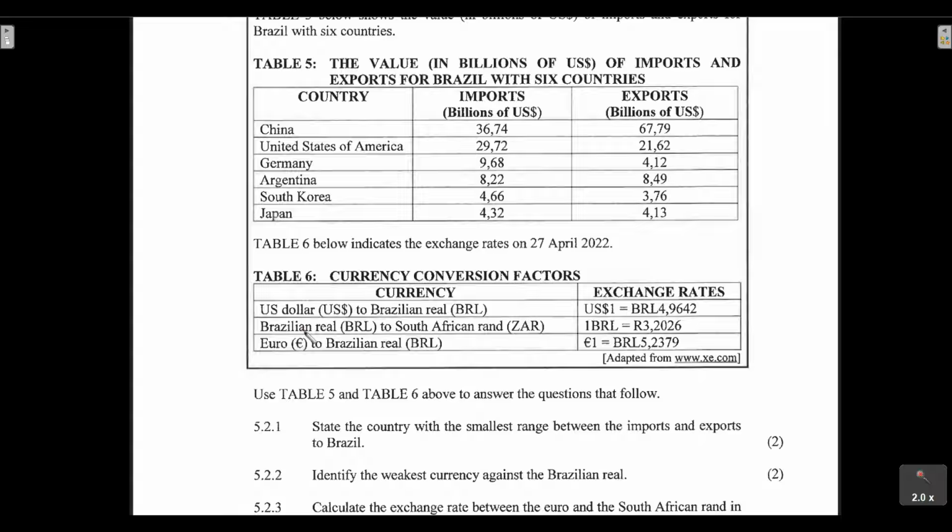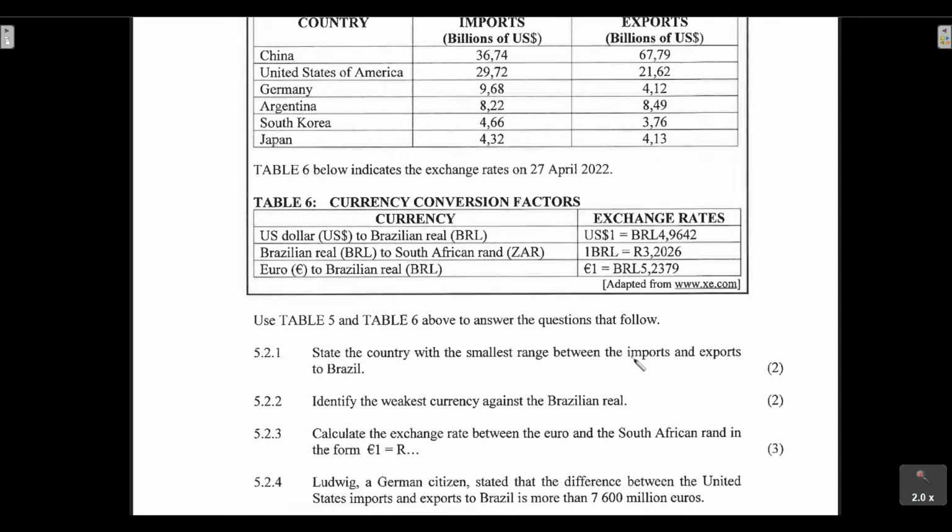If you want to exchange from the US dollar to the Brazilian real, 1 US dollar is equal to 4.9642 Brazilian reals. 1 Brazilian real is equal to 3.2026 rands, and 1 euro is equal to 5.2379 Brazilian reals. These are the equations that we're going to use to help us convert from one currency to the next.